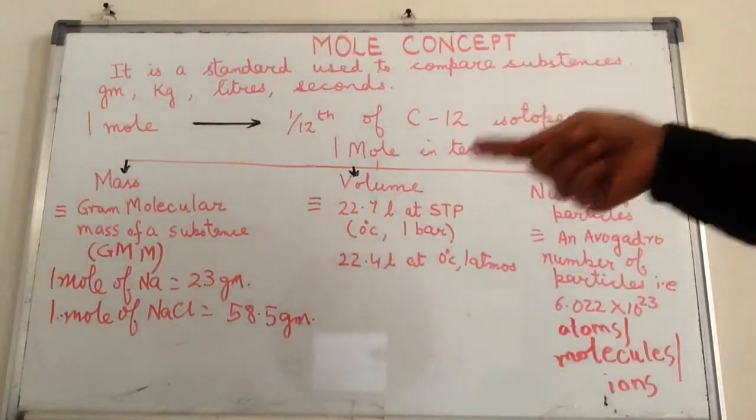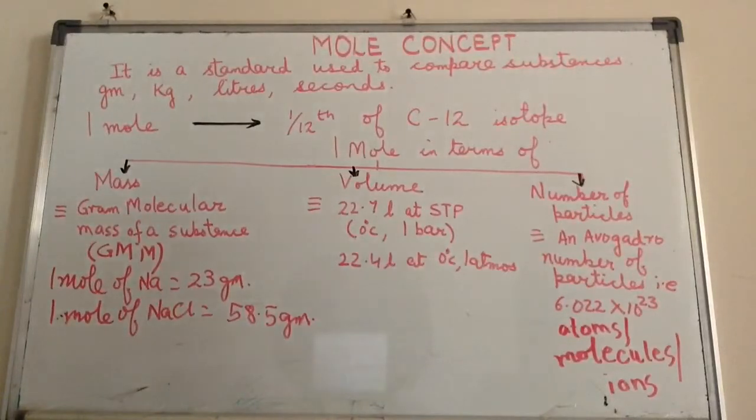So if I say 1 mole of sodium atoms, that means the mass of that would be 23 grams, whereas there will be 6.022 into 10 to the power 23 atoms of sodium in it.